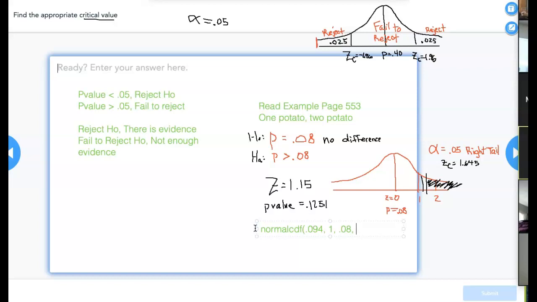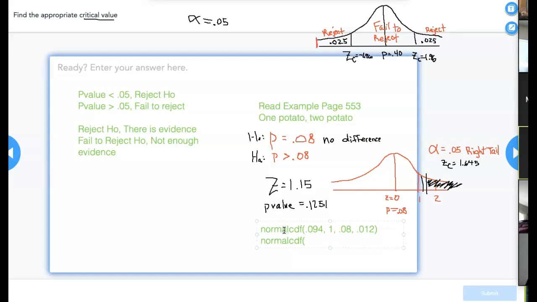I gotta get it. 0.08, 0.012. Or we could write it in terms of z-score. This is getting that 0.1251.